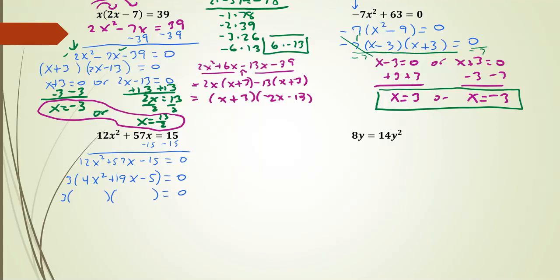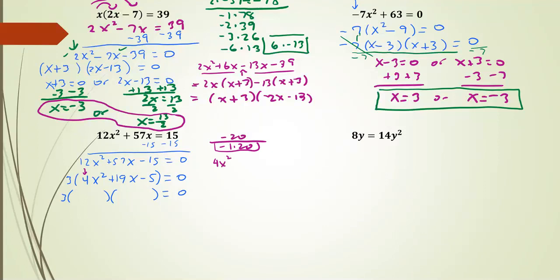and I'm looking at my trinomial, and it's kind of a big one because it starts with a 4. 4 times negative 5 is negative 20, and I'm looking for the pair that adds to 19. So that would actually be negative 1 and 20 as the pair. So I'm going to group factor.